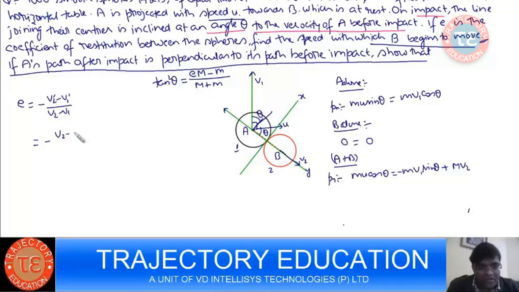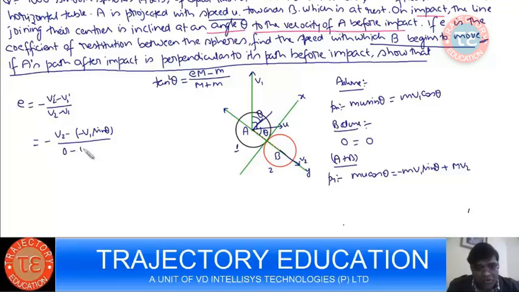The second body is v2 and v1 dash is... I am interested in the velocity component after collision along the line of force. So that is v1 sin theta in the negative y direction.